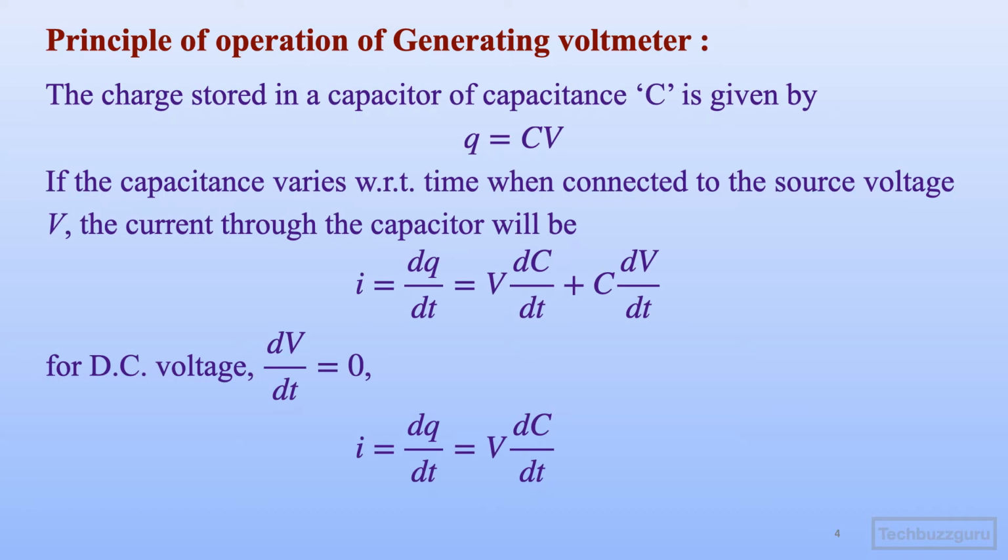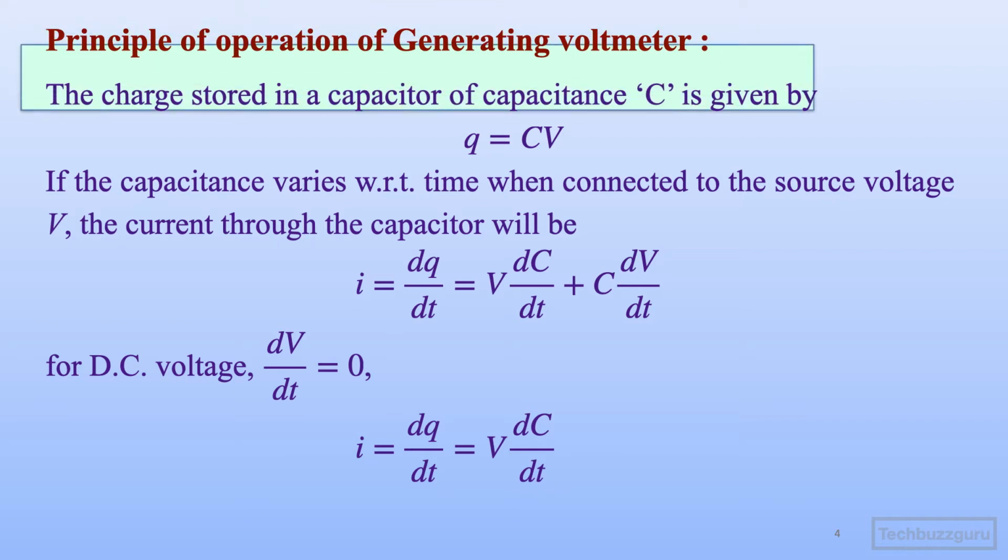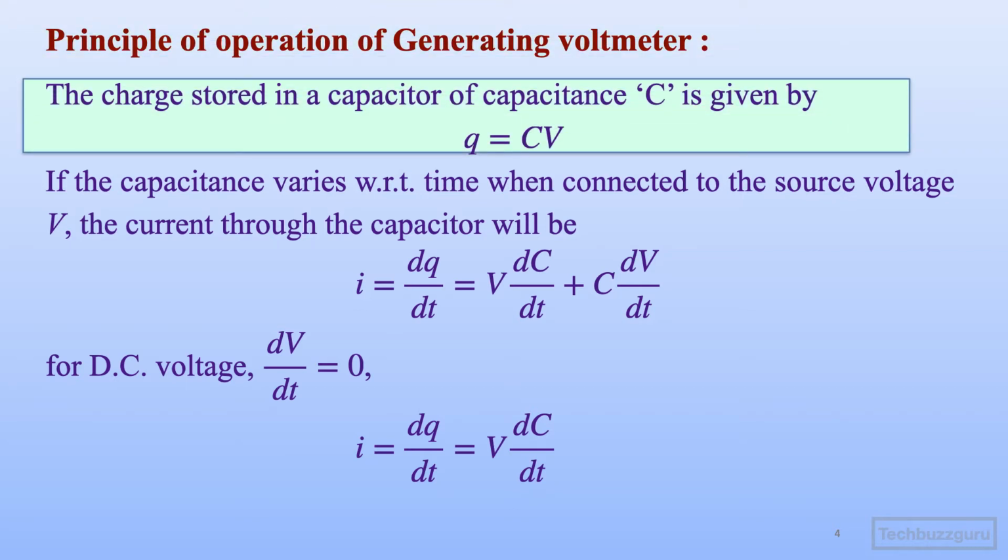So let us first consider the principle of operation of generating voltmeter method used for the measurement of high DC voltages. This method is based on the principle of charge stored on a capacitor having capacitance C. So charge stored on the capacitor is expressed as small q equal to C into V, where C is the capacitance and V is the voltage applied across it.